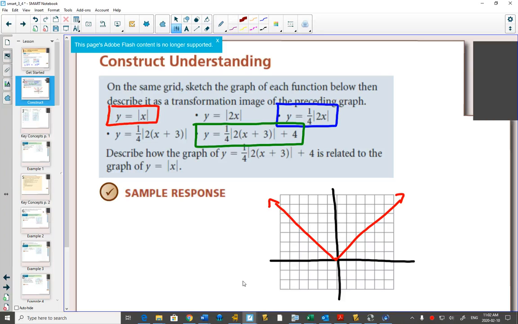And then when we go to the blue equation here, can you see that this 1/4 is out in front of the absolute value? So that's going to be a vertical compression. You're going to multiply your y values by 1/4. And the 2 here is inside the function. That's going to be a horizontal compression. You're going to multiply your x values by 1/2.